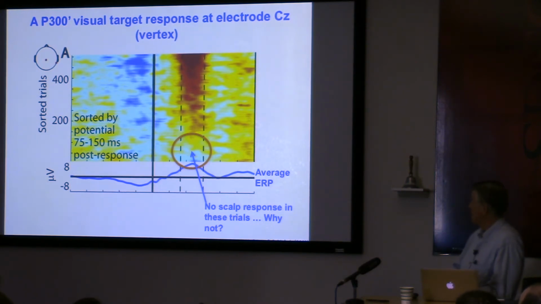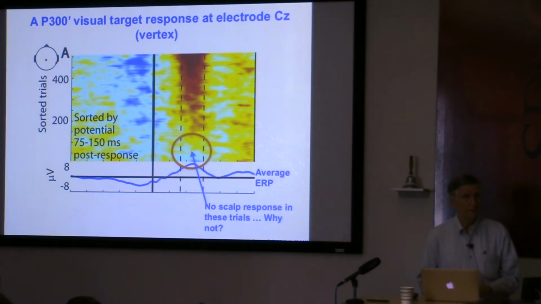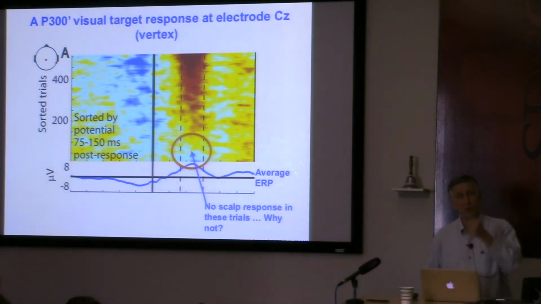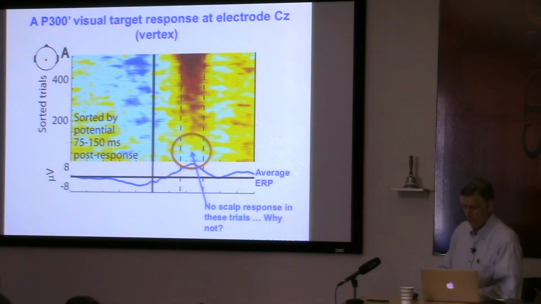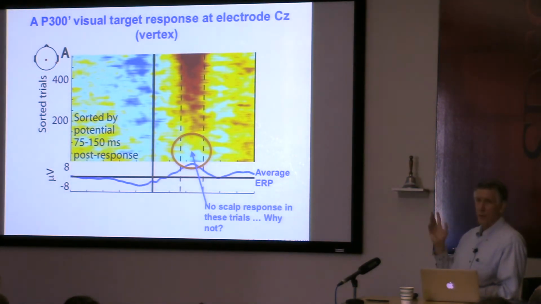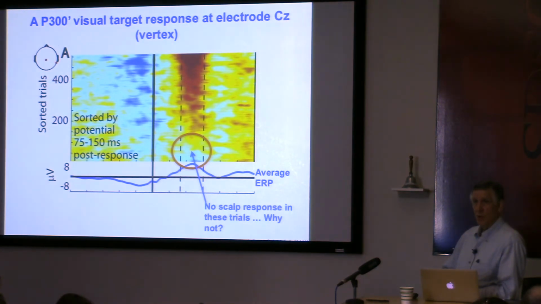But using this analysis, we see right away that in about a fifth of the trials, it isn't there. Even though these are trials that the subject responded to, yes, this is a target. So if you just look at the average, you don't know anything about that. So what I call this is trial-by-trial analysis. Looking at the differences in the single trials, one can learn a lot more about the relationship between cognition and or experience, behavior and the EEG.